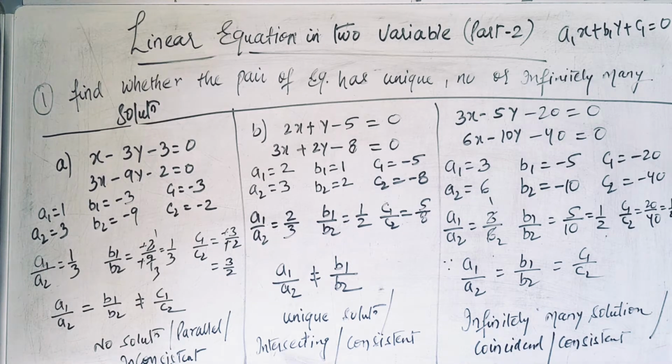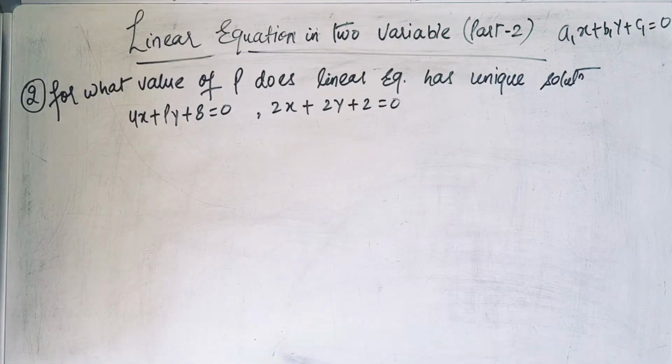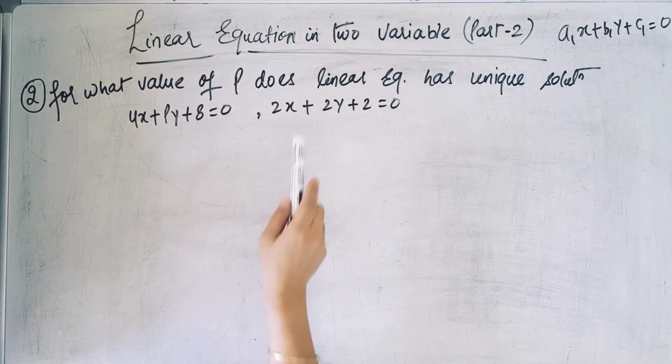And one more question which comes in the board exam, where they mention that the following pair of equations has this solution, and you have to find the unknown value. So we'll now see that type of question. The question is, for what value of P does the linear equation have a unique solution?